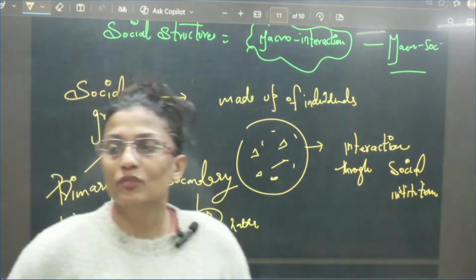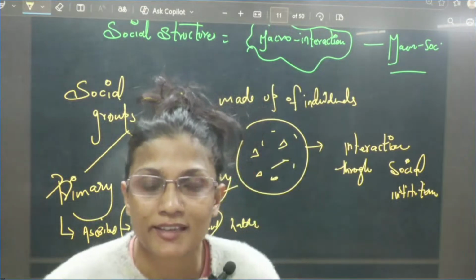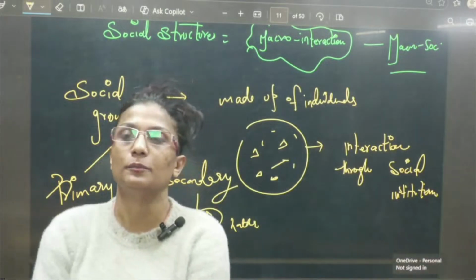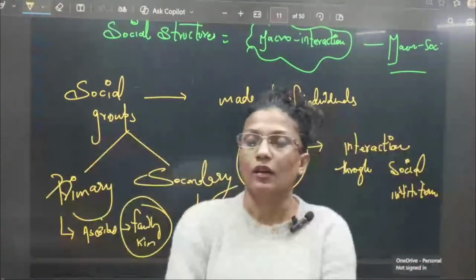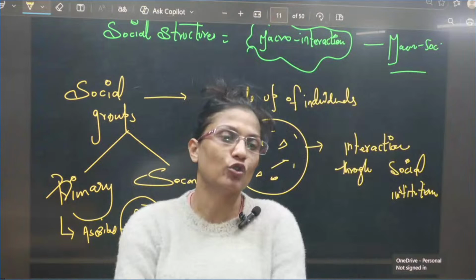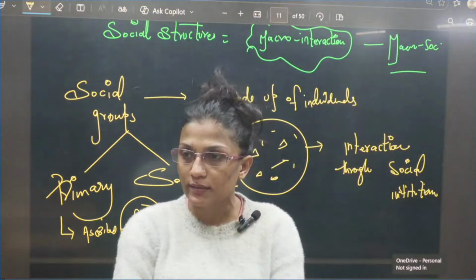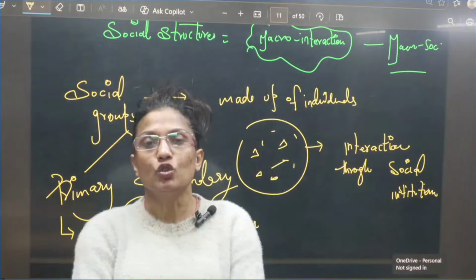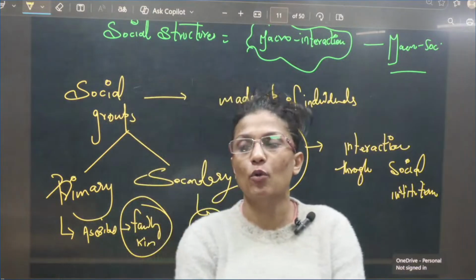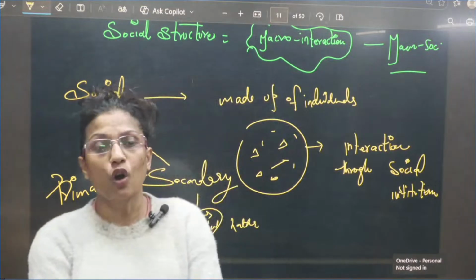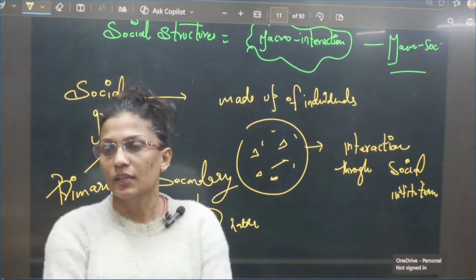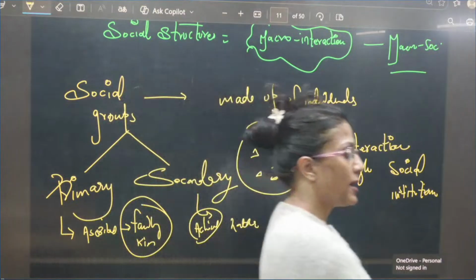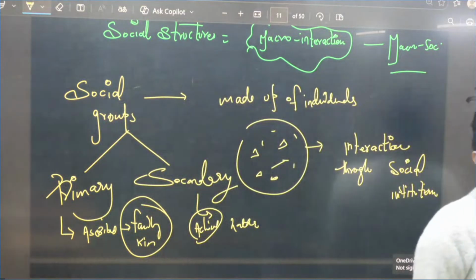What is a social group? Tell me, what is a social group? It is simple. A social group is made up of different individuals and they are interacting with each other through social institutions. When you are born, you are born in a group of family, kinship, and then you interact through the family institution, marriage, family, religion, and all that.